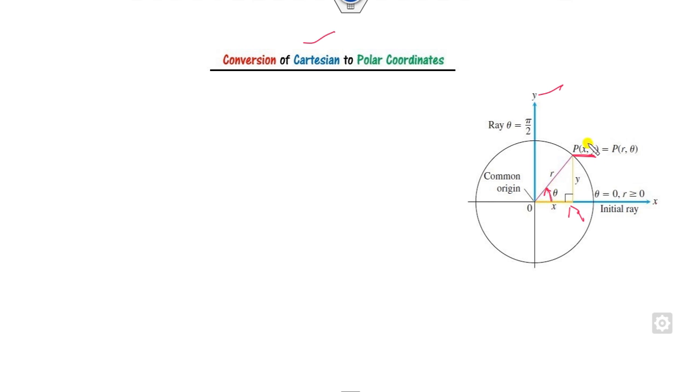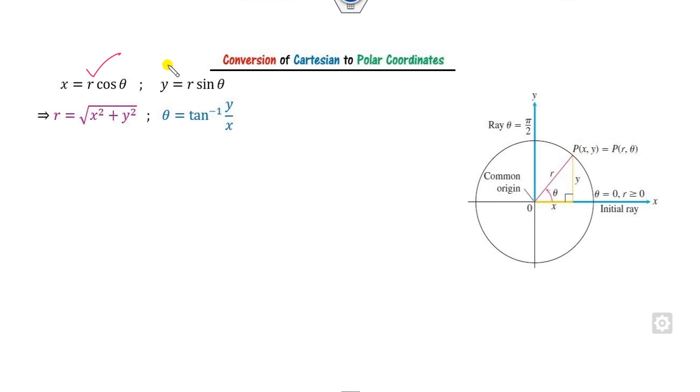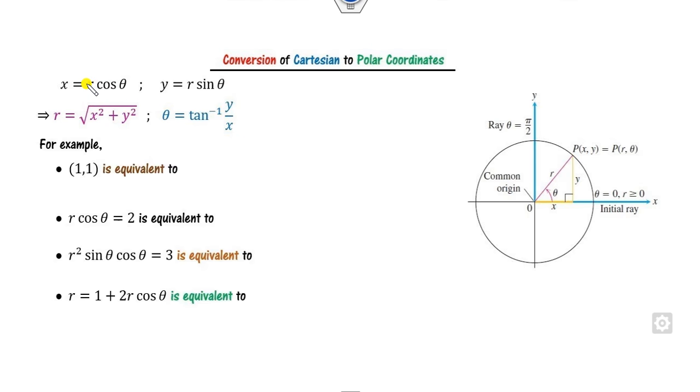When they are equivalent, can you find the value of x in terms of theta? You can easily see x is r cos theta and y is r sin theta. You can square and add, and then you can divide. So whenever you want to convert the Cartesian coordinates to polar, you always use this transformation.